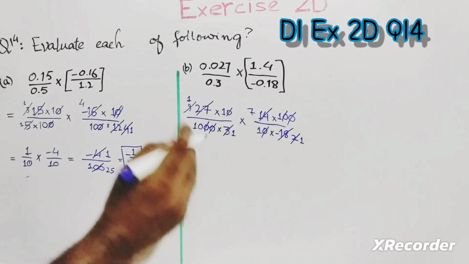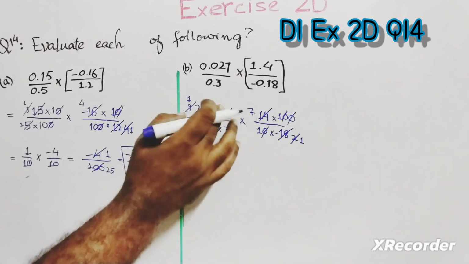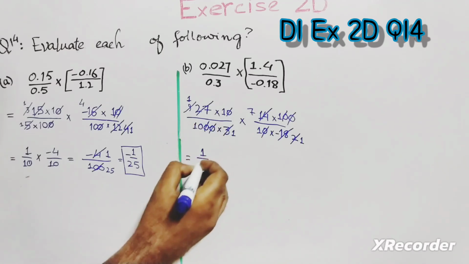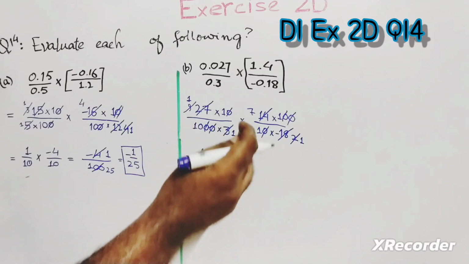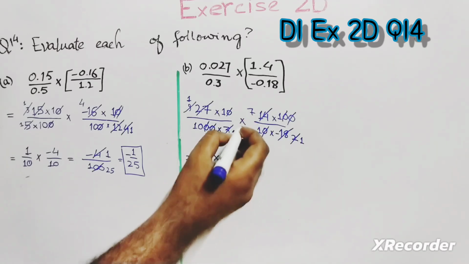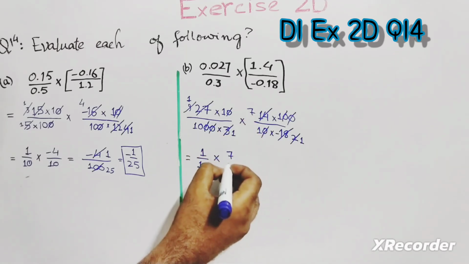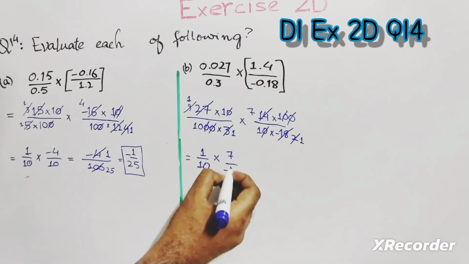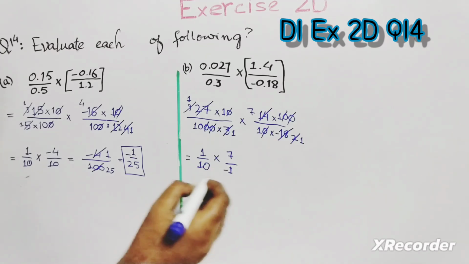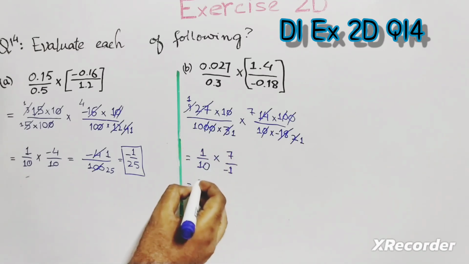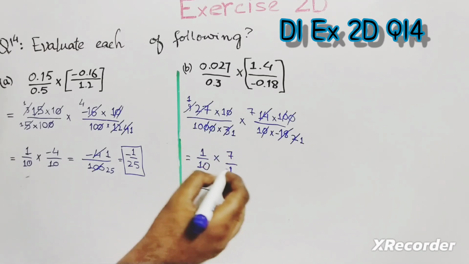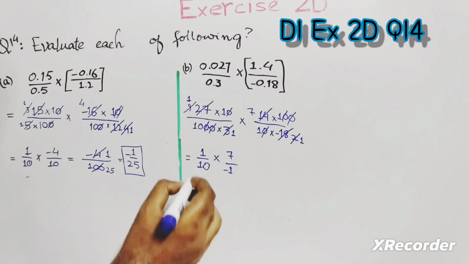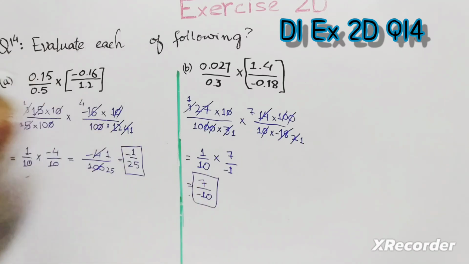So what we get is the whole denominator becomes 1 upon 10, and on this side multiply by 7 and minus 1. If we multiply 1 with 7, we get 7, and 10 with minus 1, we get minus 10. So this is our required answer.